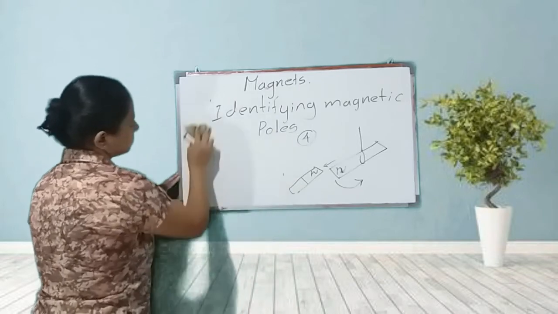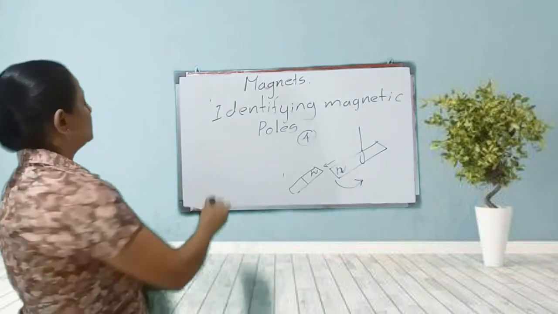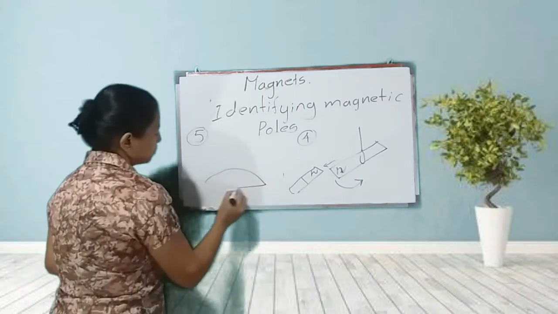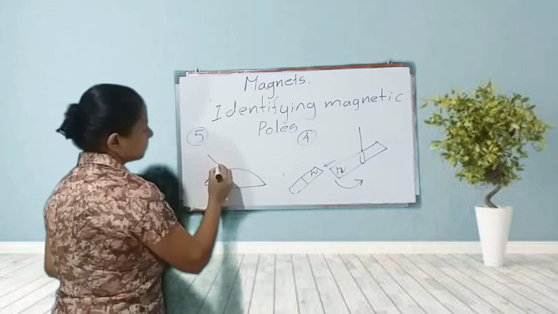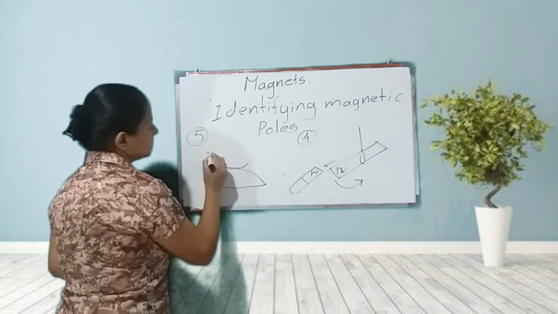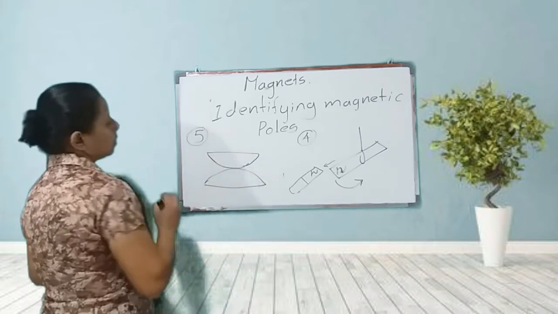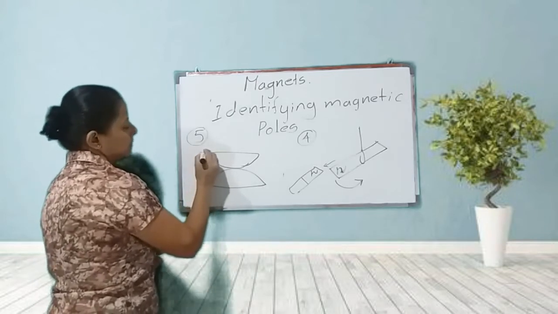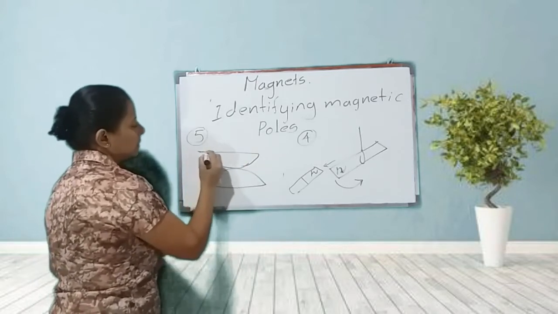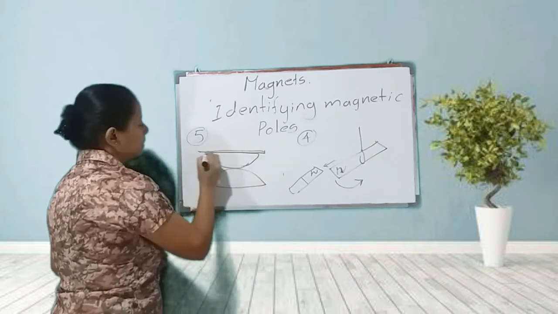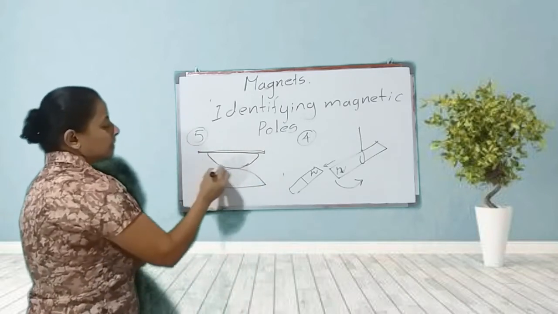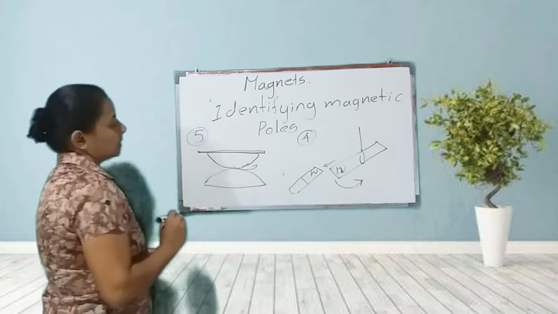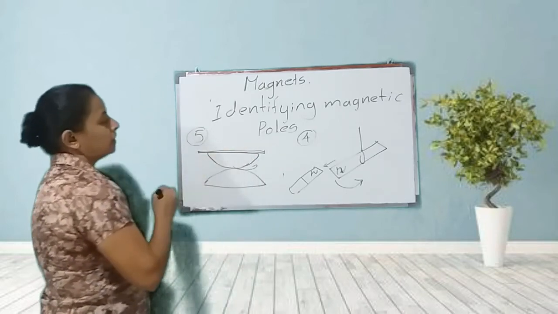Fifth one, we take two watch glasses and keep them in this position. On top of this watch glass we keep the magnet.